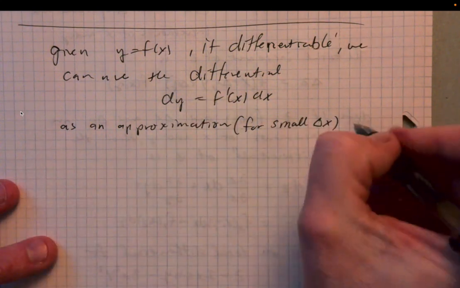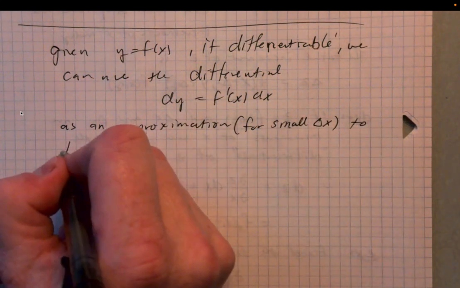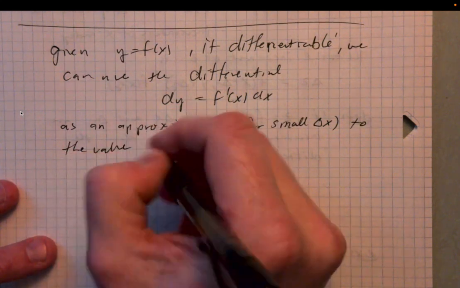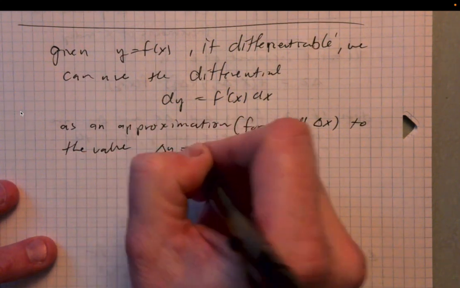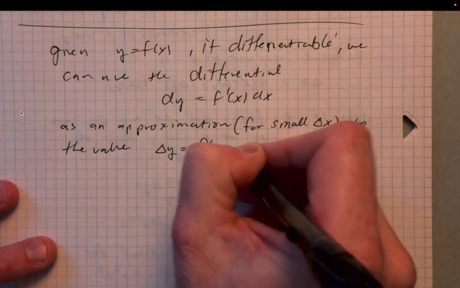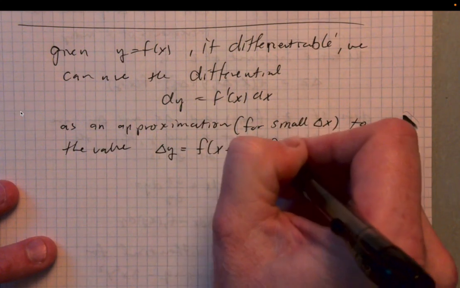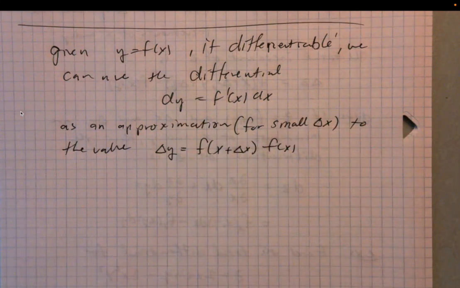So we could use it as an approximation to the value delta y equals f of x plus delta x minus f of x, right? This is what we talked about back in calculus 2 when we talked about differentials for the case of a single independent variable.